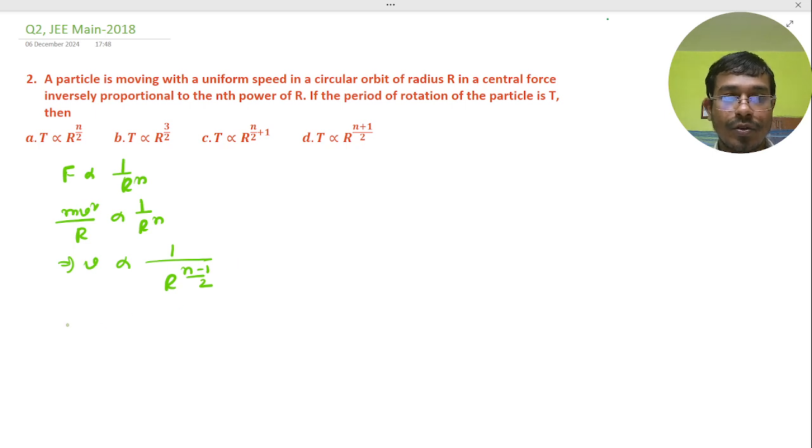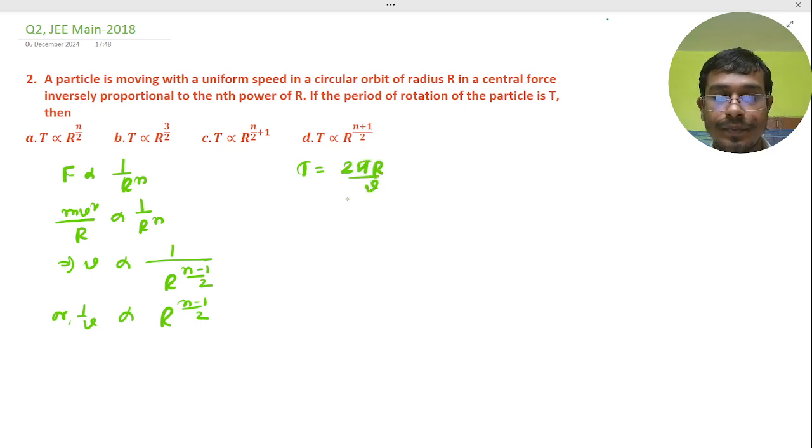After that, 1 by v is proportional to r to the power n minus 1 by 2. So we have another formula, that time period T equals 2 pi r by v. So basically T is proportional to r by v.